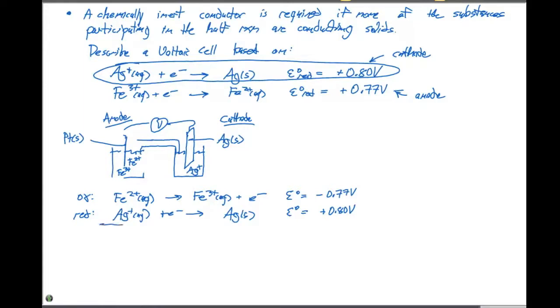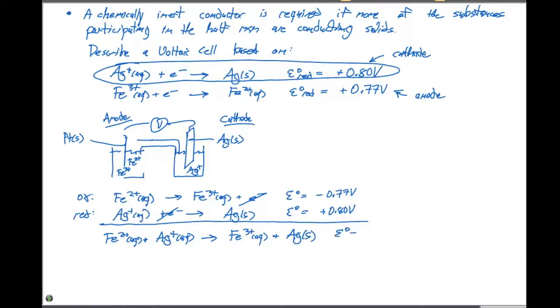The electrons cancel out, and this gives us an overall reaction of Fe2 plus in aqueous solution plus silver plus in aqueous solution, giving the products Fe3 plus in aqueous solution plus silver solid. Our cell potential for this overall reaction is positive 0.03 volts. This is a considerably smaller potential than what we saw in the previous case where we used silver and copper.